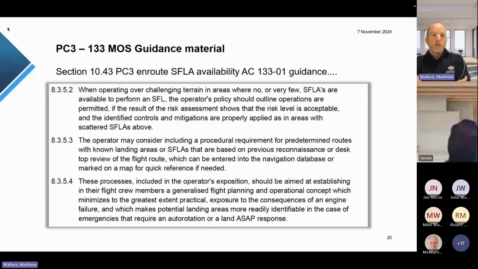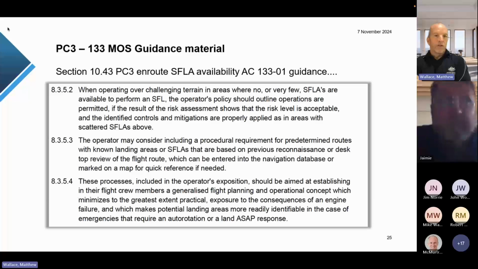The 133 guidance material for PC3 also covers, and this is at 8.3.5.2, plenty of information there, talks about the challenging terrain.